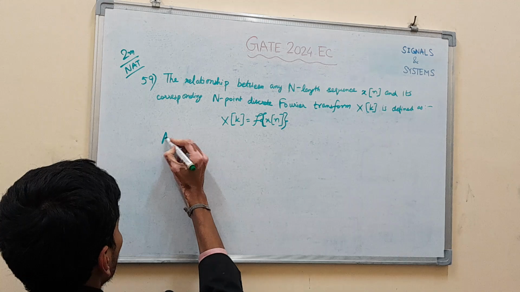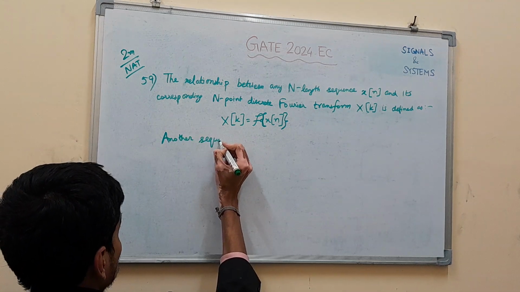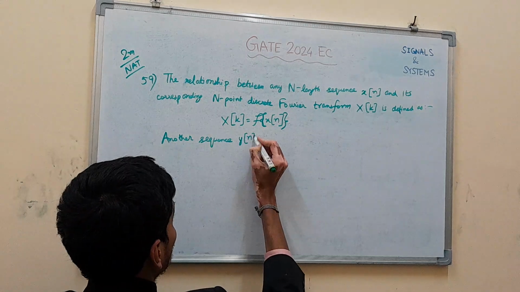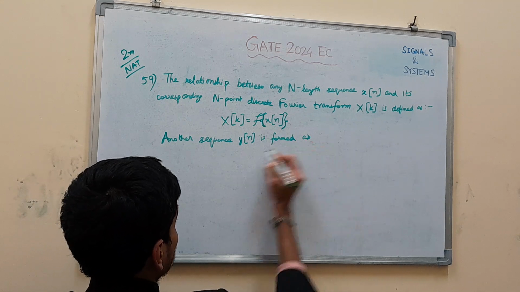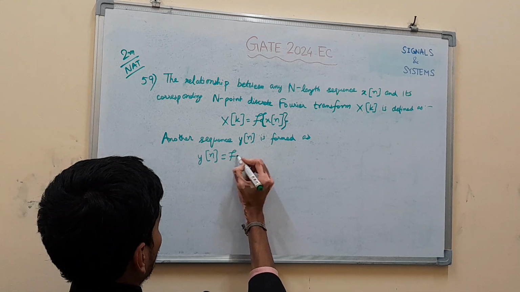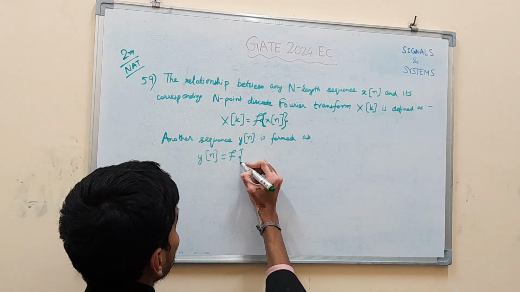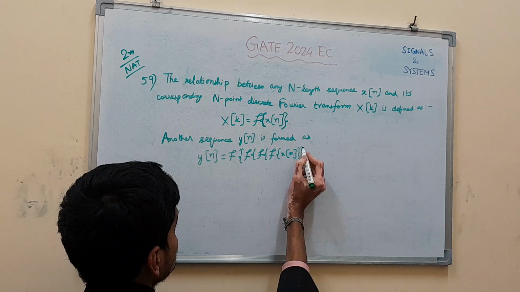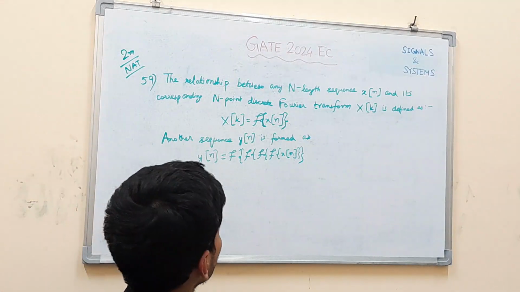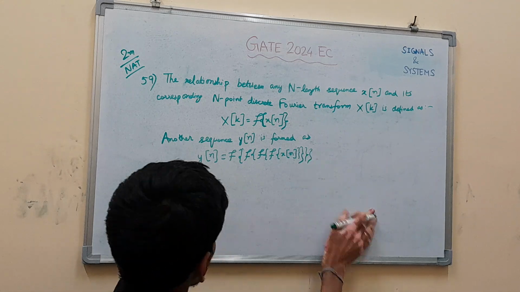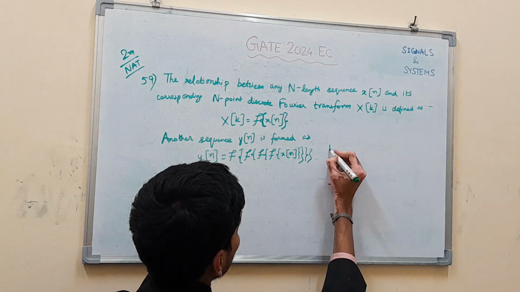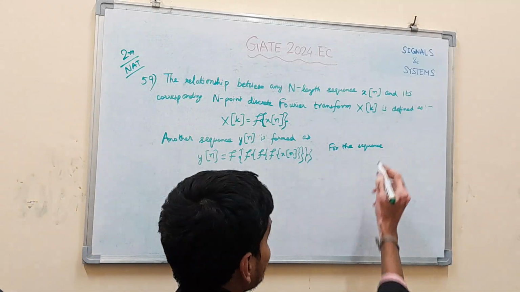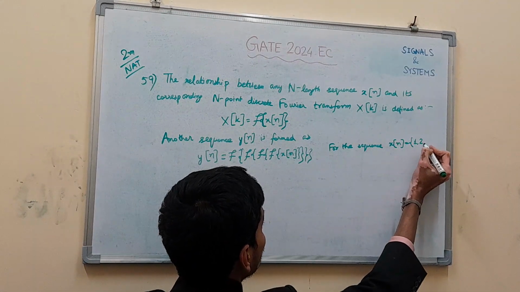Now another sequence y of n is formed as y of n equal to Fourier transform of x of n, of the sequence x of n equal to 1, 2, 1, 3.